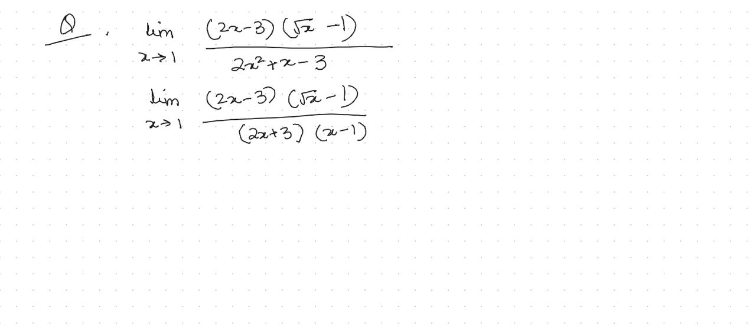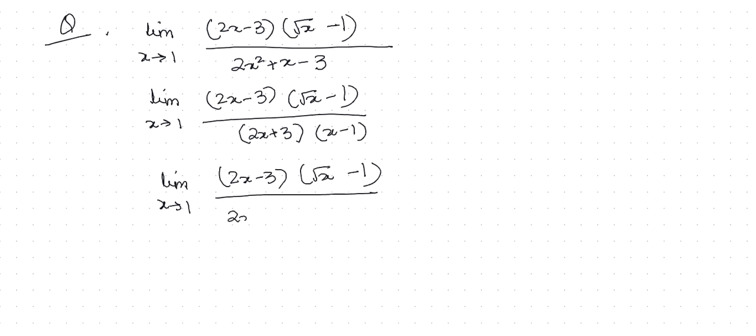This will give limit x tends to 1, and in the numerator we can again put x minus 1 to use here a minus b and a plus b. That would give under root x minus 1 and under root x plus 1.